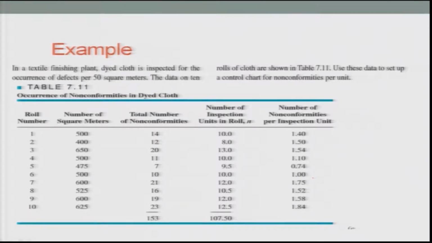The number of inspection units in each roll, n, is given as 10, 8, 13, and the last two values are 12 and 12.5. So, the number of non-conformities per inspection unit is found out. Based on that you will recalculate and draw the chart, so that it will give you a much better perspective of how the process is going.